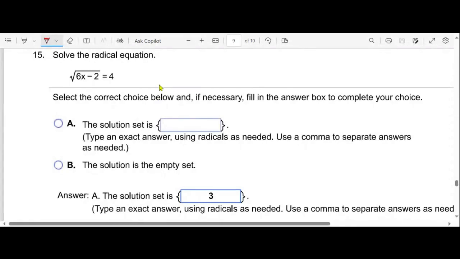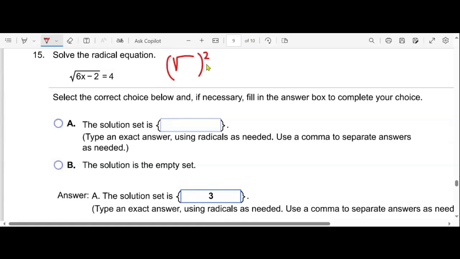Okay, continuation for the sample practice of the final exam. Muhammad, please read question number 15. Number 15, solve the radical equation: square root of 6x minus 2 equals 4. We know that if you want to get rid of the square root, what should you do?